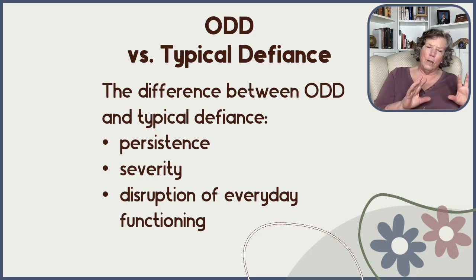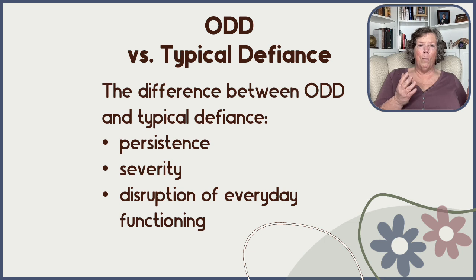So if you're looking at those indicators and you're saying, but hold on, I teach grade whatever, and I see those behaviors consistently with my students, remember the difference relies in the persistence and severity of behaviors that disrupt everyday functioning. Some defiance is normal during certain developmental stages, such as adolescence, but ODD is characterized by a persistent pattern of defiant, disobedient, and hostile behavior that is directed towards authority figures.